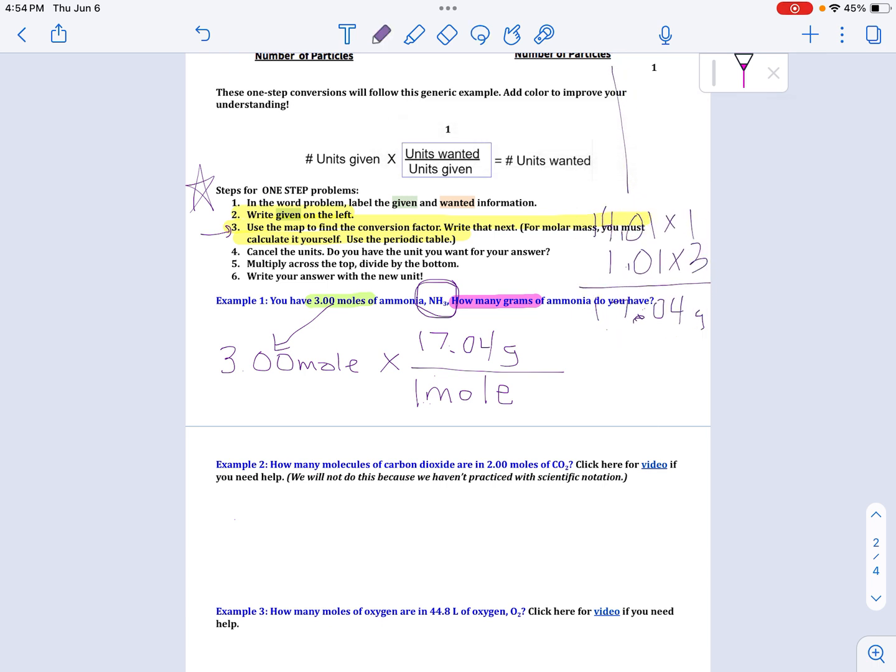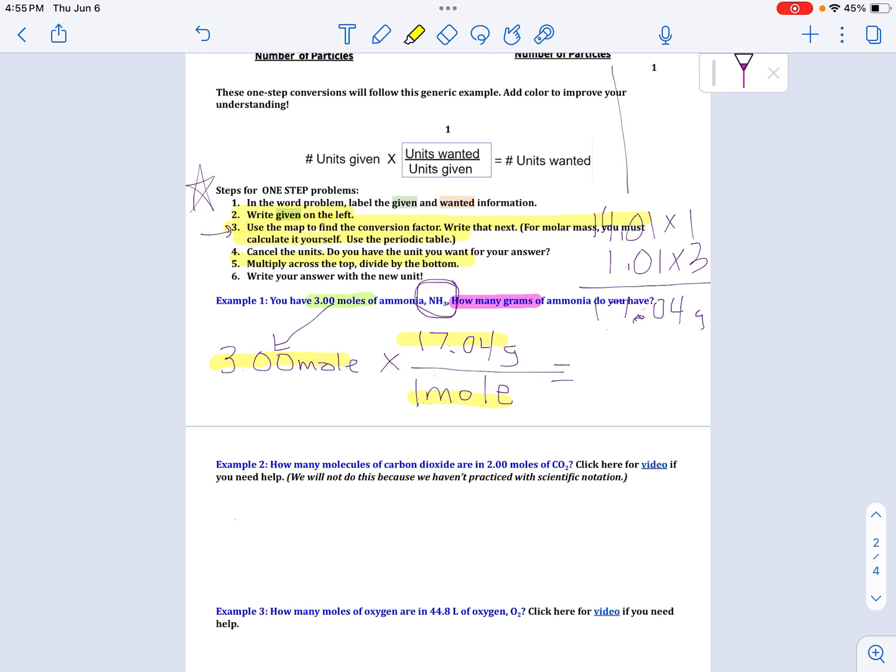So I'm going to take a calculator now, and I'm going to multiply the top. So multiply the 3 times the 17.04 and divide by the bottom. So I'm doing this step right here, number 5. Multiply across the top and then divide by the bottom.